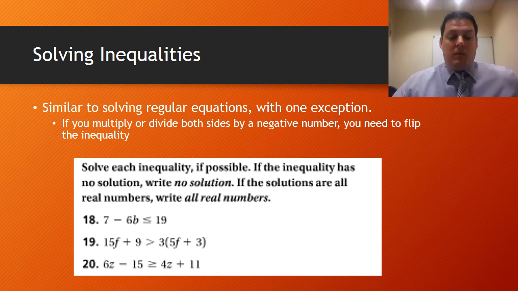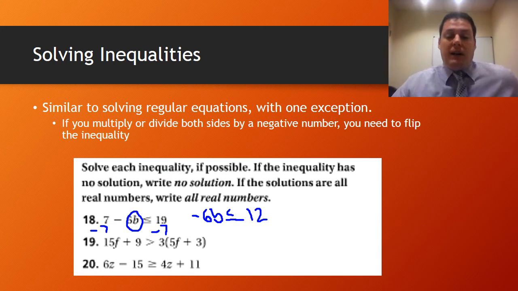So number 18, we have 7 minus 6b is less than or equal to 19. So we want to isolate the b. So we do order of operations backwards. We subtract 7 from both sides. We get -6b is less than or equal to 12.